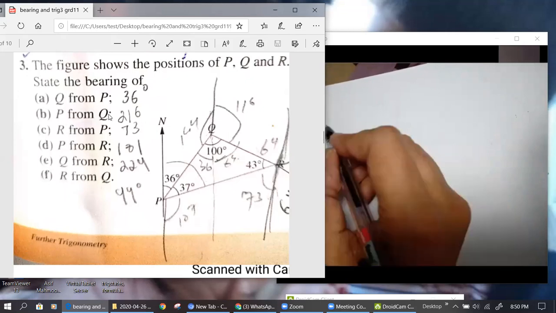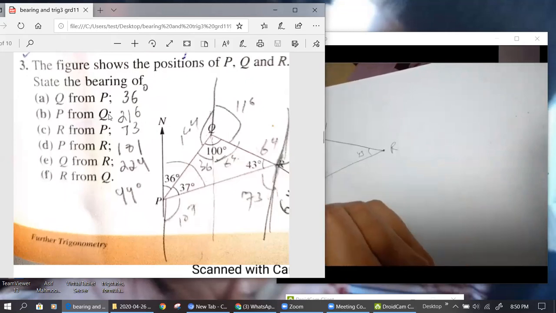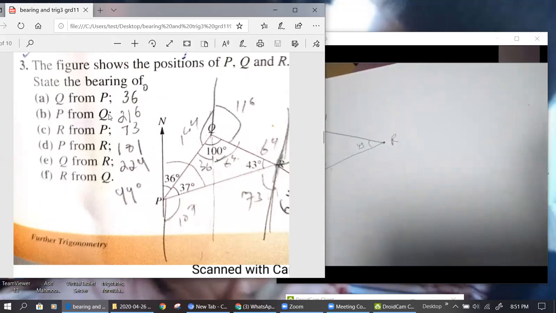This is P, this one is 37, and this one is 36 degrees, and this is a straight line. So let's see how we will do this.